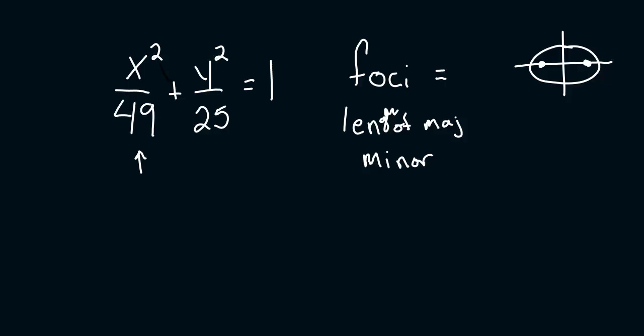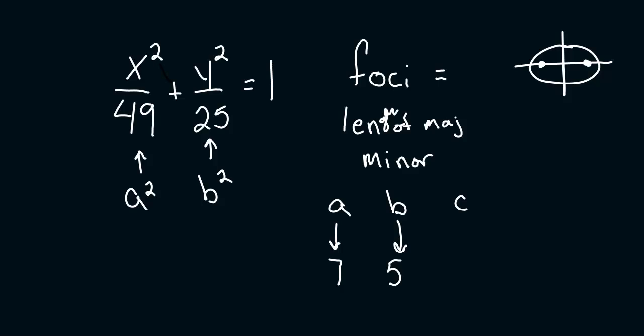So in order to do this, I'm going to need to find A, B, and C. Luckily, this bottom piece here is A squared, and this bottom piece would be B squared, because in an ellipse, the bigger number is your A squared. So if A squared is 49, the square root of 49 tells me that A is 7. This is 25, and the square root of 25 is 5.